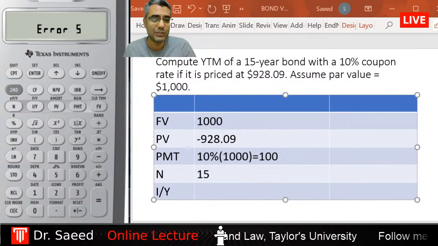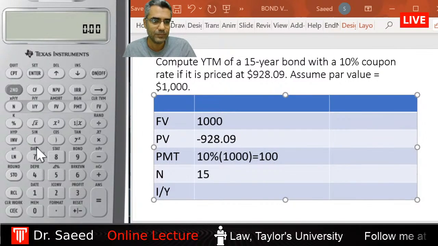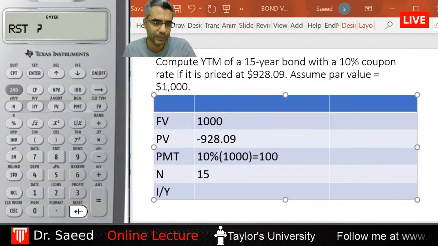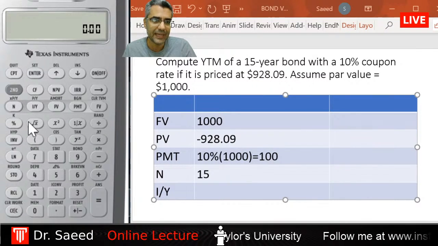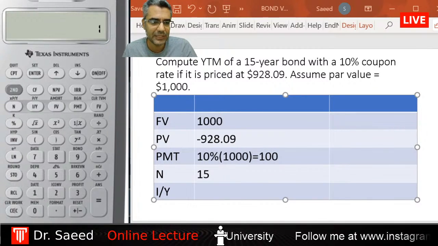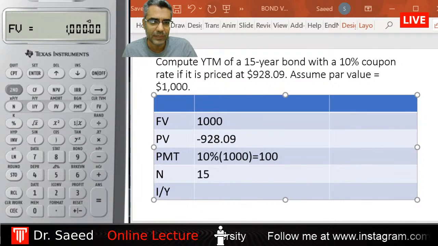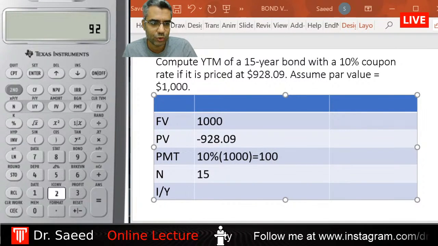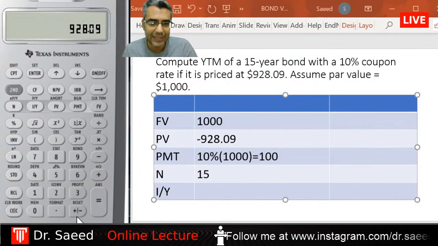Why? This means you pay to buy a bond, and then you will have some cash inflow. You will receive something. So I key in again the values, 1000 into FV, then 928.09, then plus minus will make it negative.